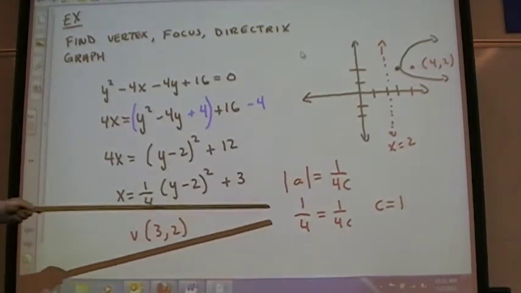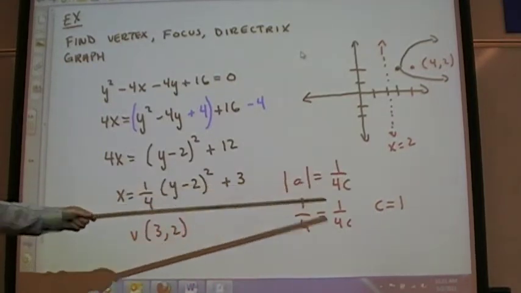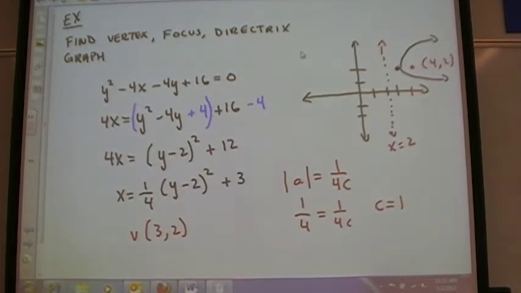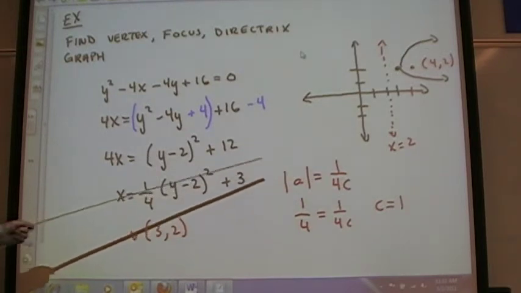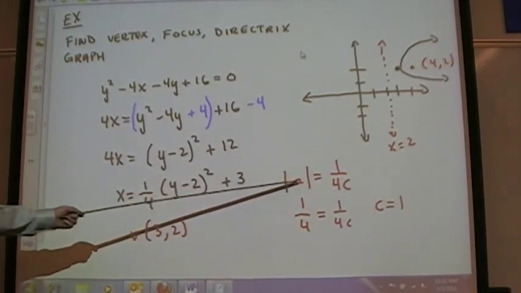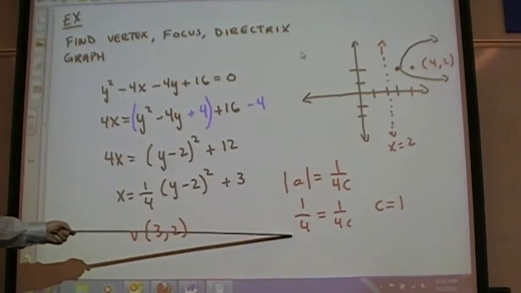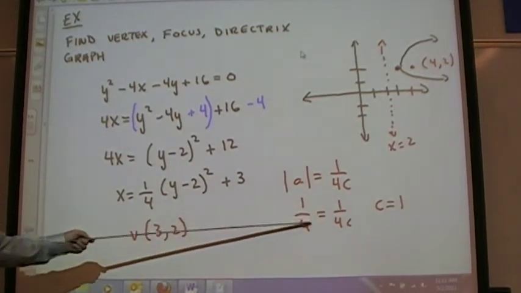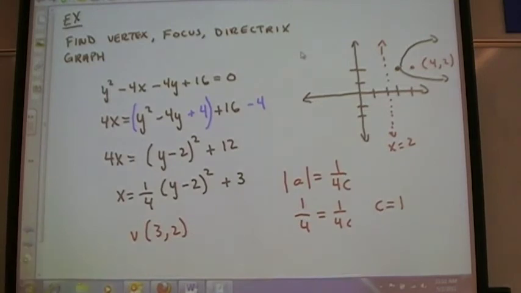Then use your formula, the absolute value of a equals 1/4c, to figure out c. We need c to find the focus and the directrix. So what is my a value? What is a in the equation? 1/4. What's the absolute value of 1/4? 1/4 equals 1/4c. Cross multiply. c must be 1.